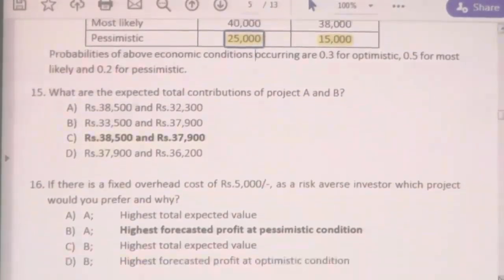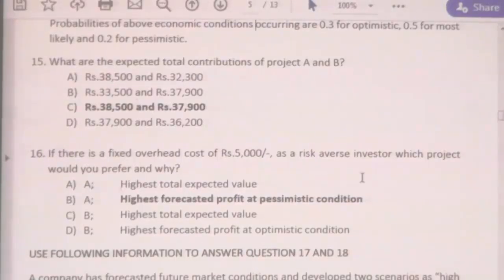But you have to select in wording the risk averse investor. Which project would you prefer and why? Highest total expected value? No, he never expects the highest profit, and here we are not talking about expected values. Then let's see the answer. Highest total expected value of project B? No, he does not always think about expected values, and he does not always select the highest values.